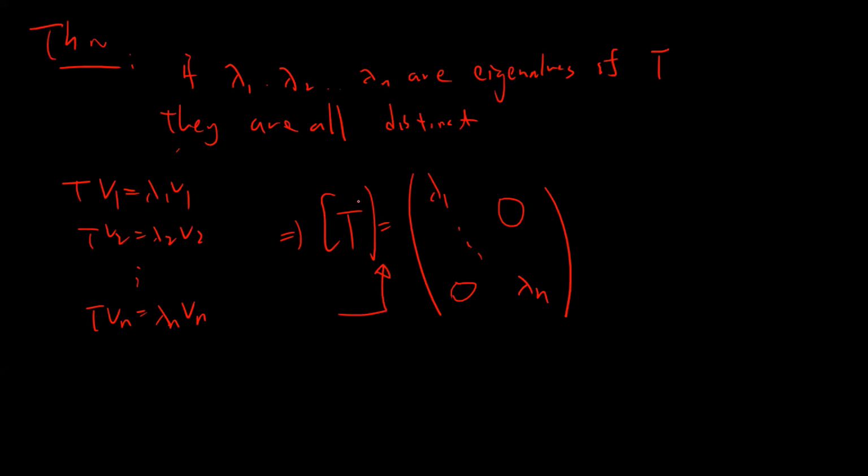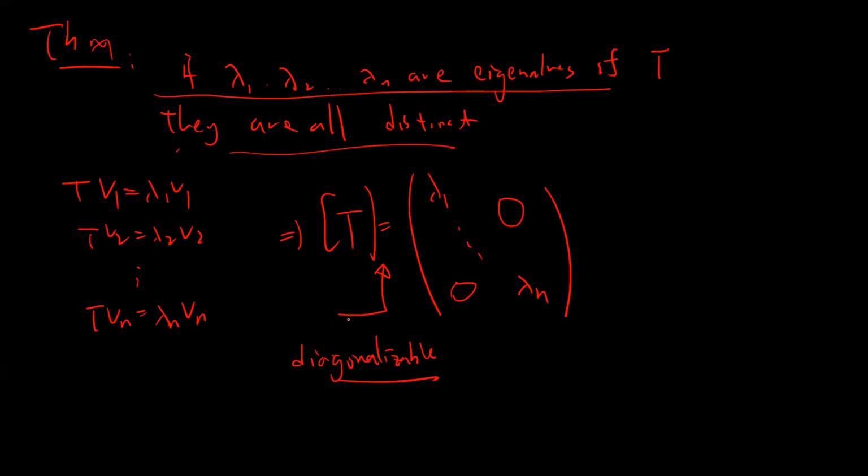So if there is a vector basis such that the matrix looks like this, then we say that this matrix is diagonalizable. Okay, so we proved that. The previous theorem tells me that if we have n distinct eigenvalues, then this matrix T will be diagonalizable.